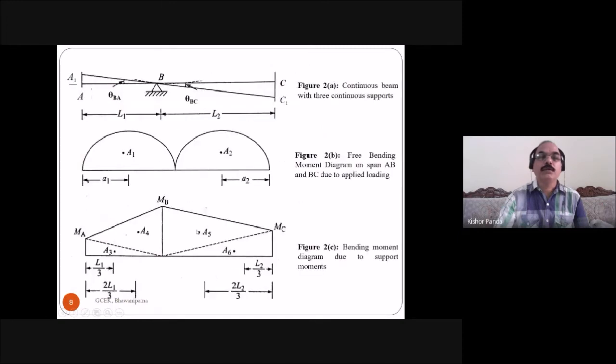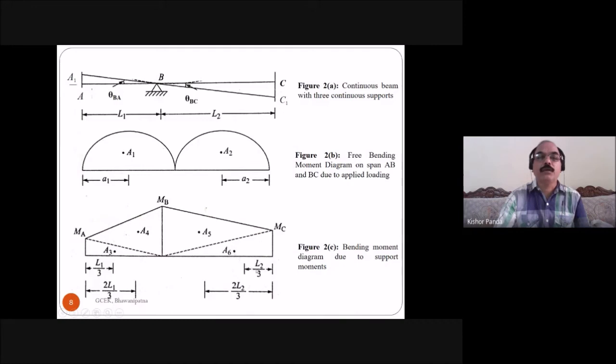Here you see, this is A2 into a2, the moment about this side, and this is one triangle and this is another triangle. This triangle is A5 into 2L2 by 3, and this is another triangle, A6 into L2 by 3. The CG of this area is at L2 by 3.